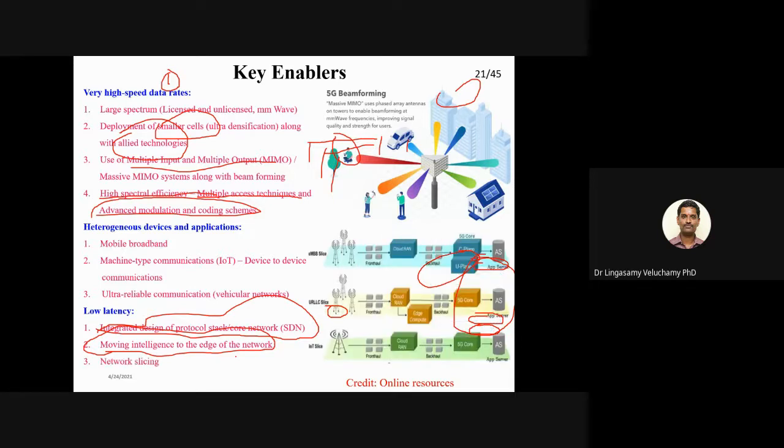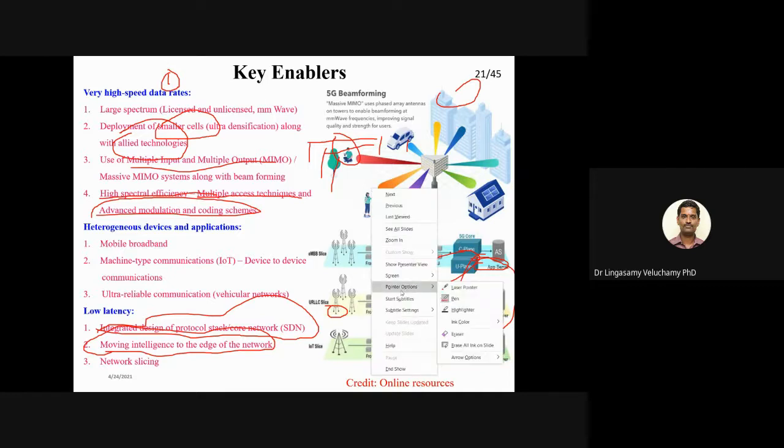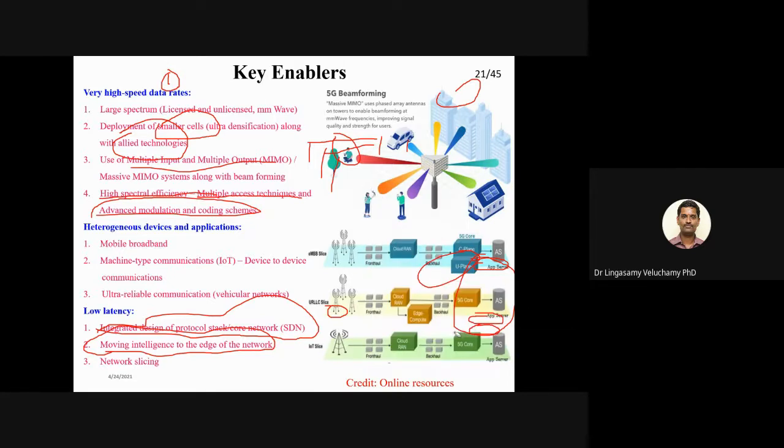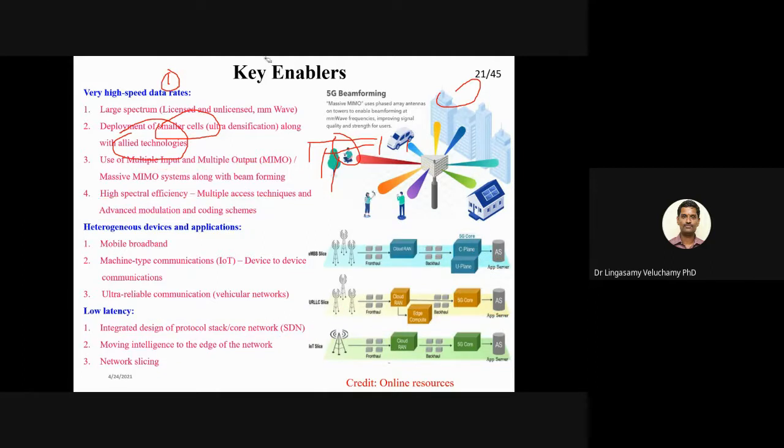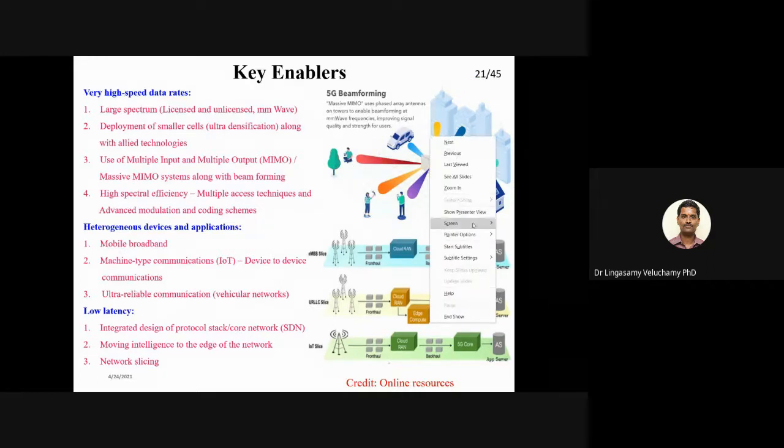Another concept is network slicing. It is also a key parameter for low latency. For example, if any device is coming to the network and asking for some service, it can be many services.